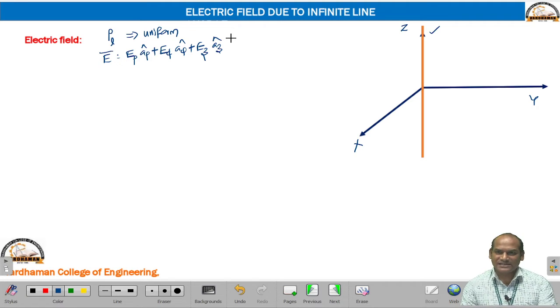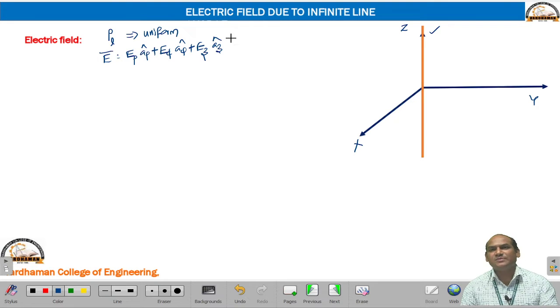Now we will analyze something without calculating anything, just observe here. Changing phi is nothing but what? Phi equal to 0 means we are on the xz plane and we are seeing the infinite line charge oriented on the z axis. Phi equal to 30 degrees means you are in the first quadrant between the positive x axis and positive y axis, and you are observing the z axis.